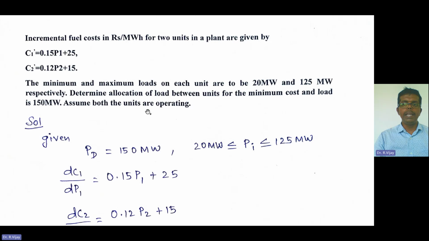The demand PD is given as 150 megawatt, and the generator limits are also given for each generating unit: 20 megawatt less than or equal to Pi less than or equal to 125 megawatt. That is, the minimum and maximum loads on each unit are 20 megawatt and 125 megawatt.